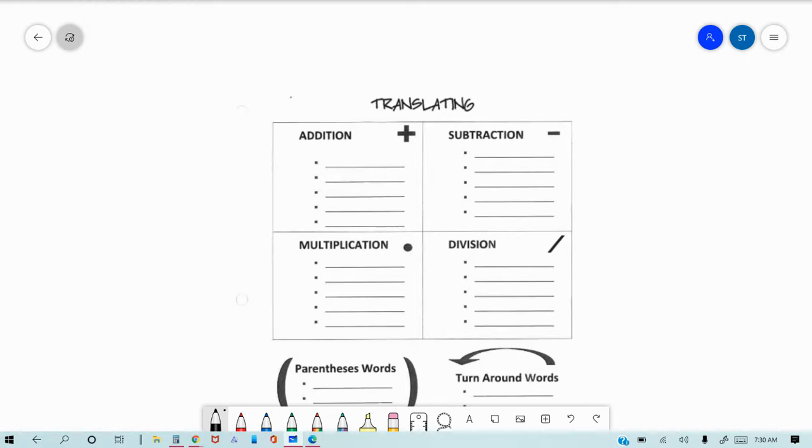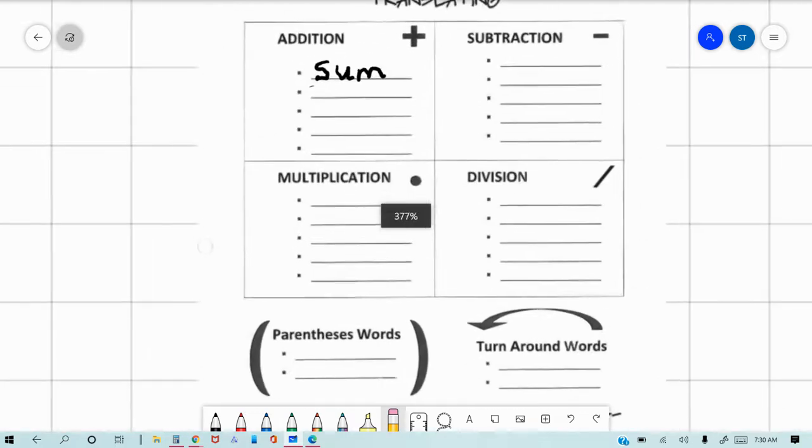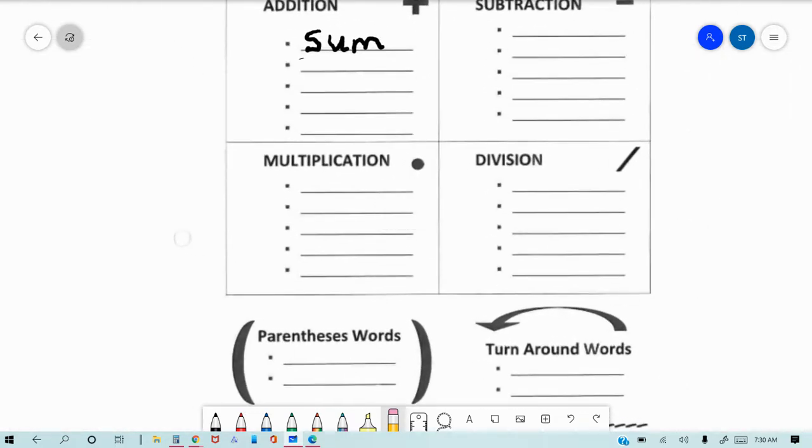So for addition, we use the word sum, S-U-M. We use the word increased. Oh, this can be really hard to write. Let me zoom out a little bit and it'll get a little smaller.